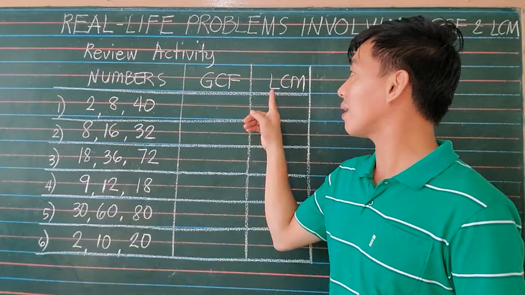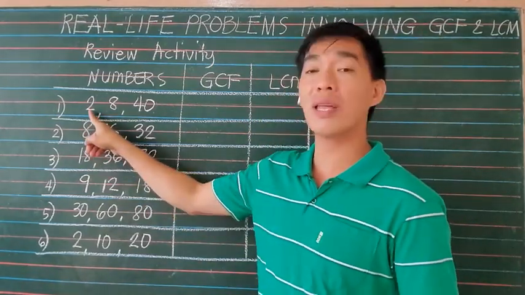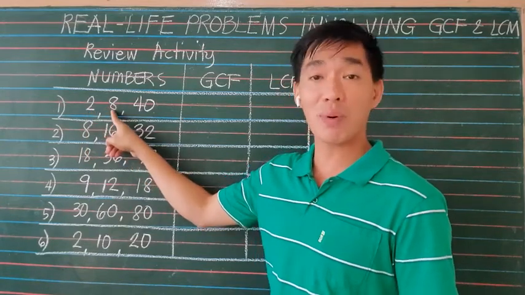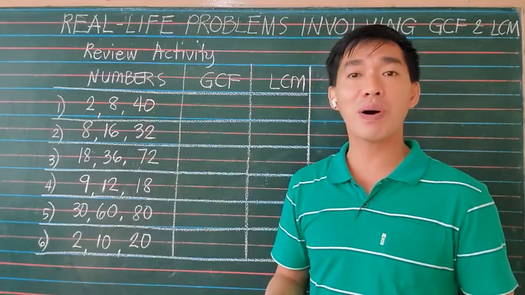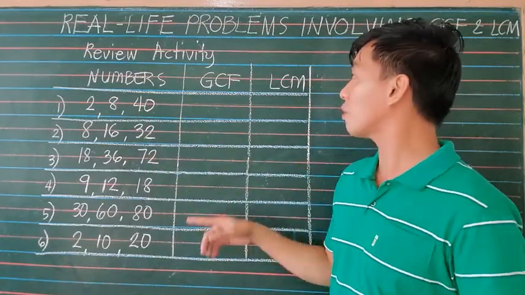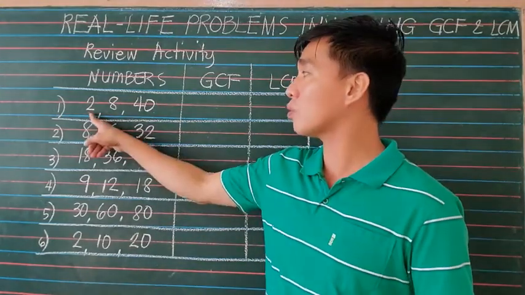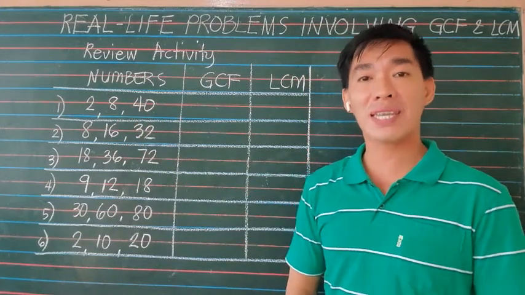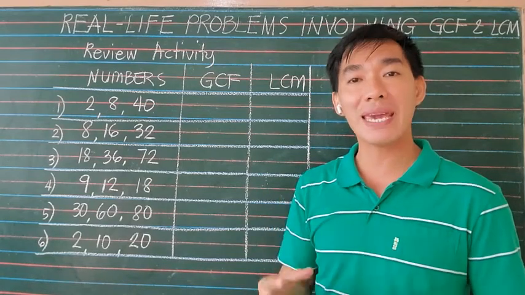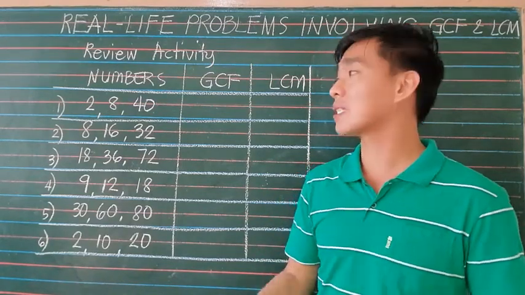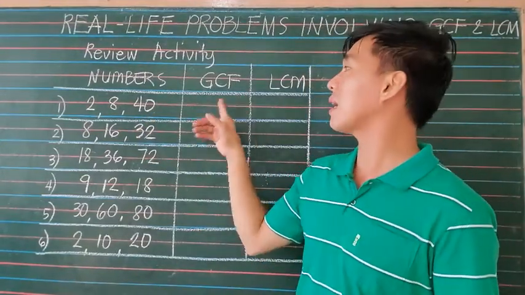The same thing with the least common multiple. Using the listing method, you will have to list down all the multiples of 2, all the multiples of 8, and all the multiples of 40. After you already have the multiples of these numbers, you will look for their common multiples. What are the common multiples of 2, 8, and 40? The next thing that you have to do is to look for the least, the smallest multiple of these numbers where they meet.